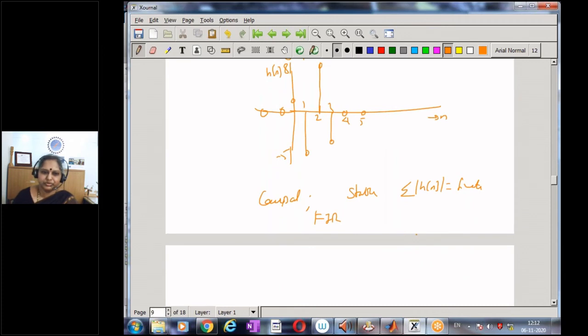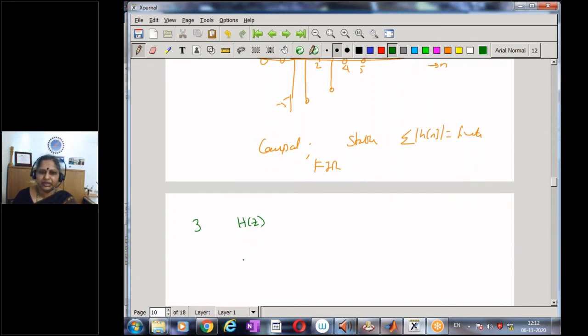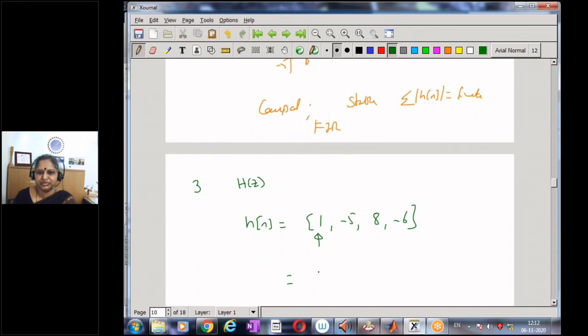Now going to another method of representing, let's take the Z transform, H of z. I know my h[n] is 1, -5, 8, -6, and this is the origin. I can also write my impulse response as delta[n] - 5 delta[n-1] + 8 delta[n-2] - 6 delta[n-3].